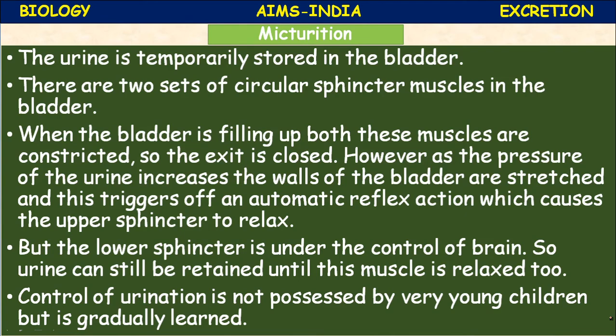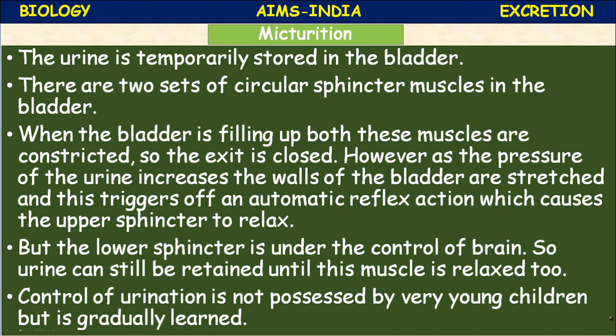The urge for micturition occurs when the urinary bladder is filled with 300 to 400 ml of urine. The stretched bladder stimulates nerve endings to develop the reflex. However, the urine can be retained in the urinary bladder till it gets filled up to a maximum capacity of 700 to 800 ml.